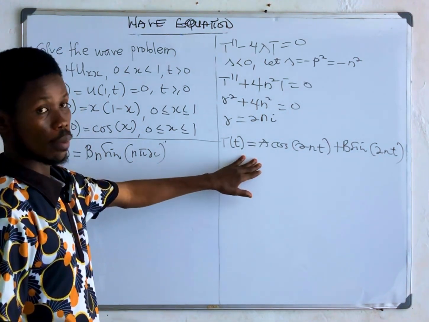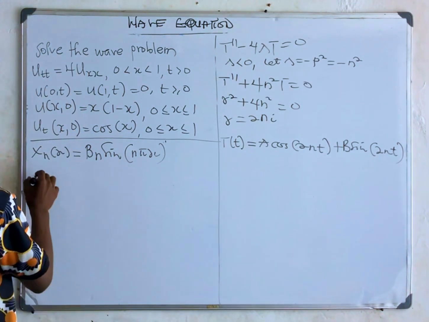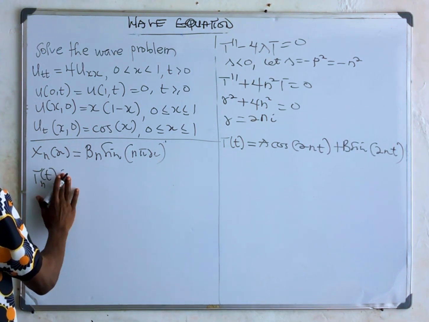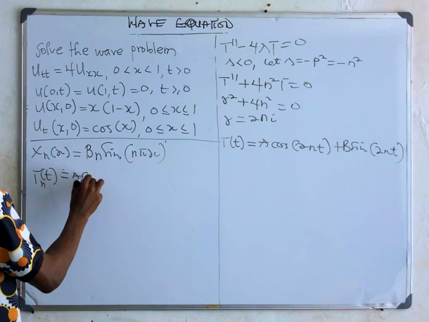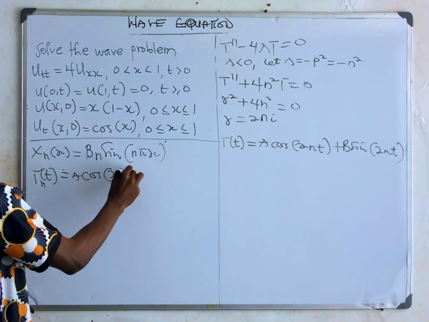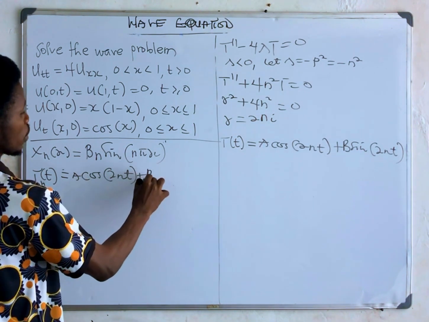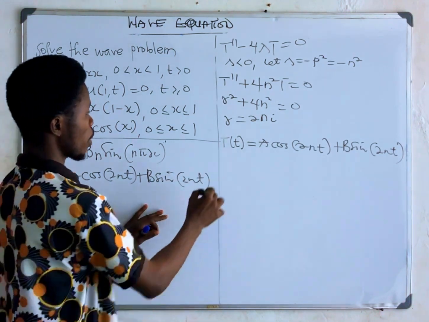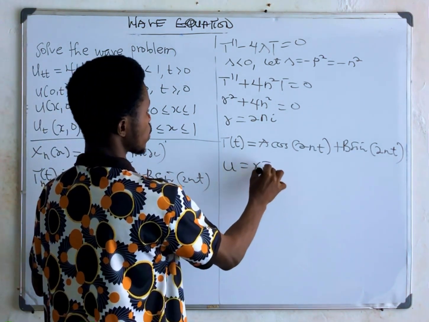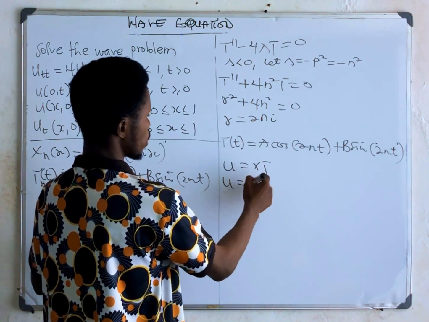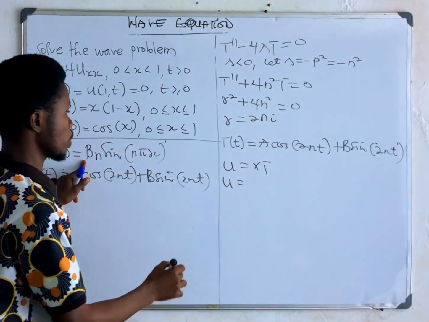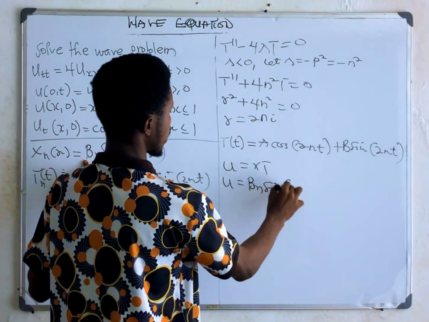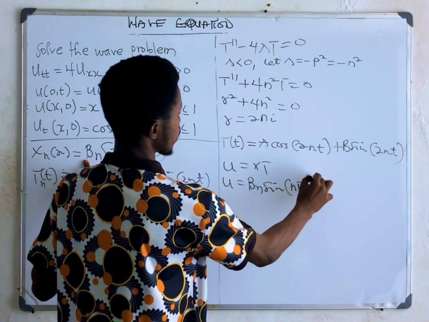So this one, you can't do anything about it. So we maintain it, which is T of t equals A cos 2nt plus B sine 2nt. But remember, we need u equals X T. So my u will be equal to, this is our X, we had Bn multiplied by sine n pi x.